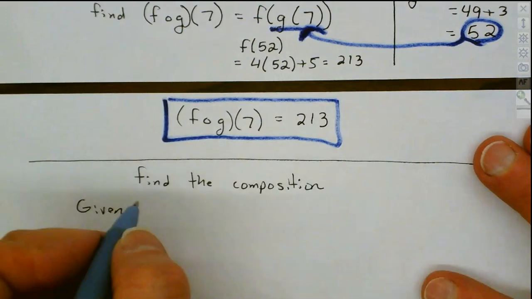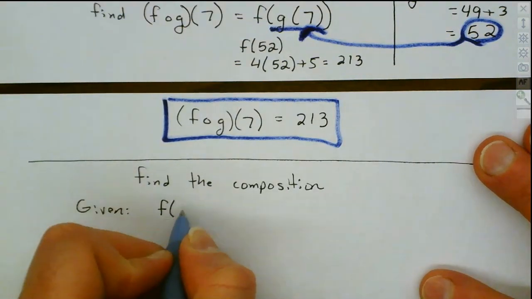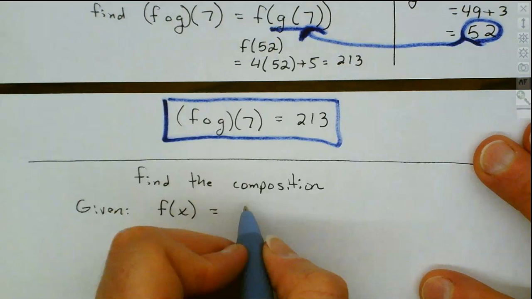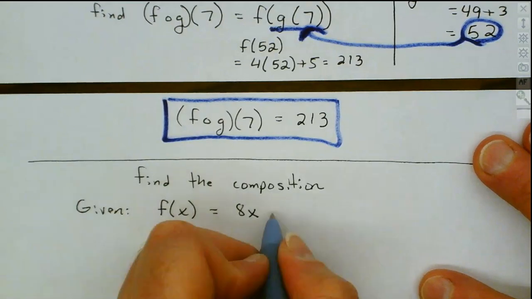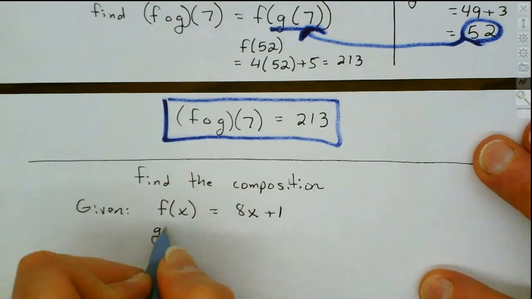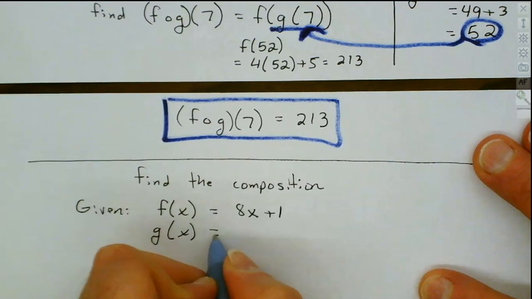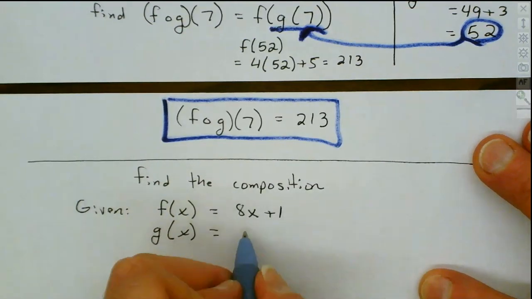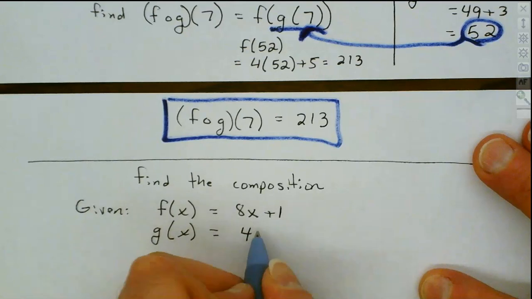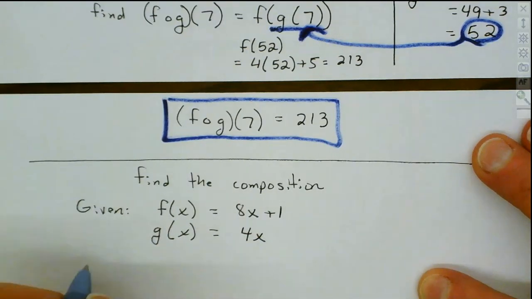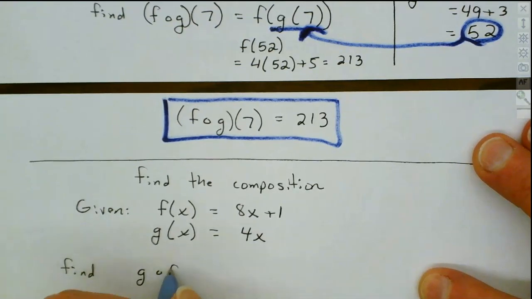So let's say you're given f of x to be 8x plus 1 and g of x to be 4x. I want you to find, in this case, let's switch them around, g composed with f of 2.